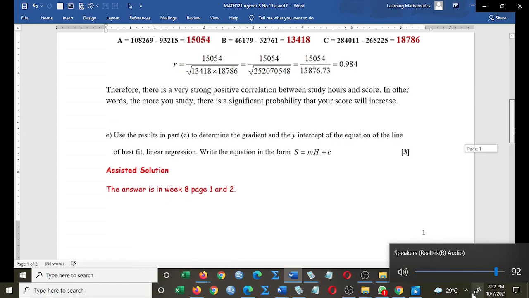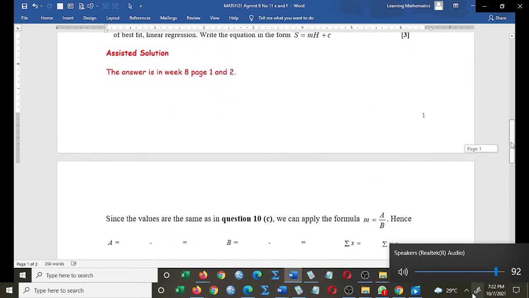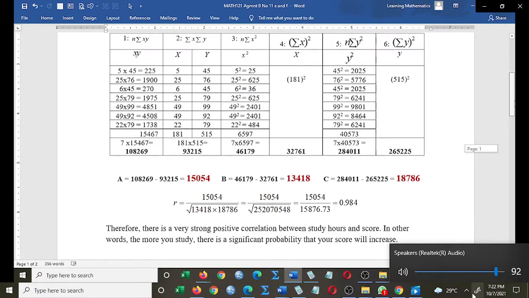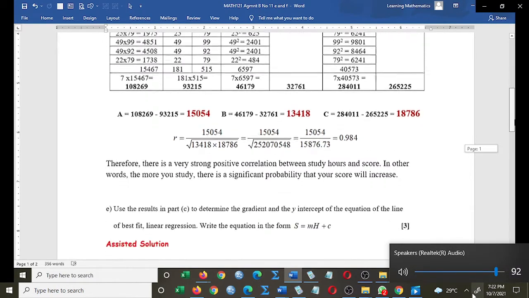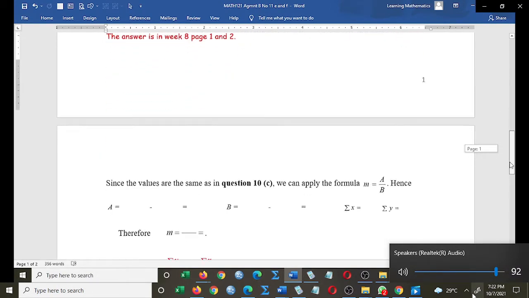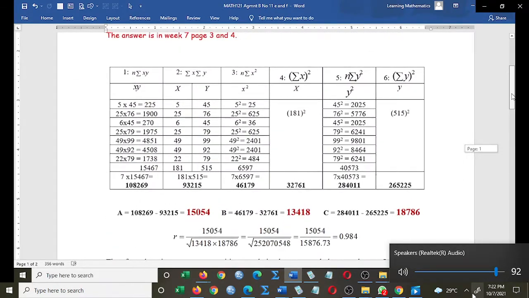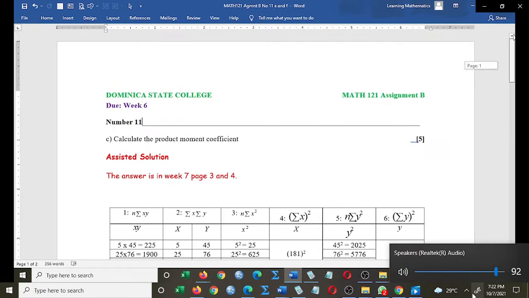And now we're moving on to E and F. Now E and F need information from especially part C. So I repeat, questions E and F need the information from part C because this question is analyzing the topic called correlation and regression.